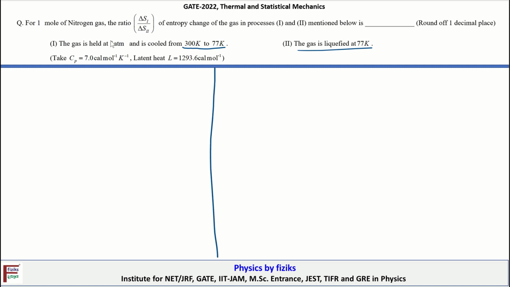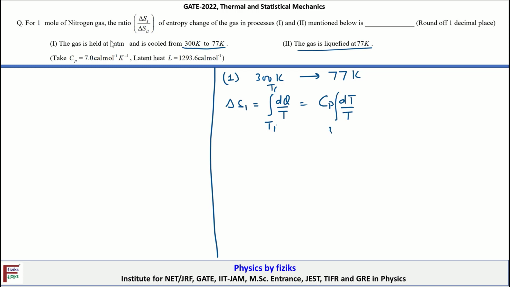So for process 1, the temperature is changing from 300 Kelvin to 77 Kelvin, and the corresponding entropy change delta S1 is the integral from Ti to Tf of dq by T, which equals Cp dT upon T, because the process is taking place at constant pressure.